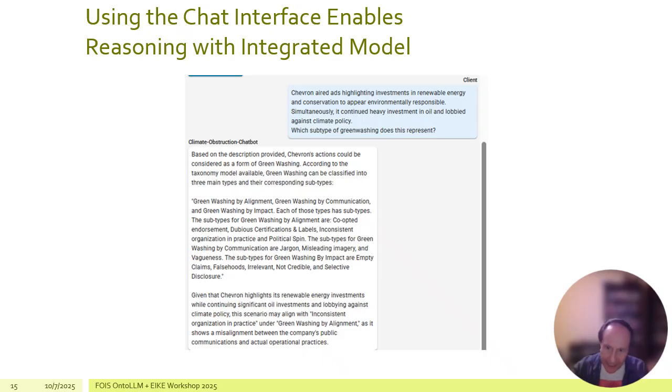So remember, classes and subclasses. Inconsistent organization in practice is one of the subclasses of greenwashing by alignment. And that was the prediction that I made of where I thought this new example of greenwashing would be classified.